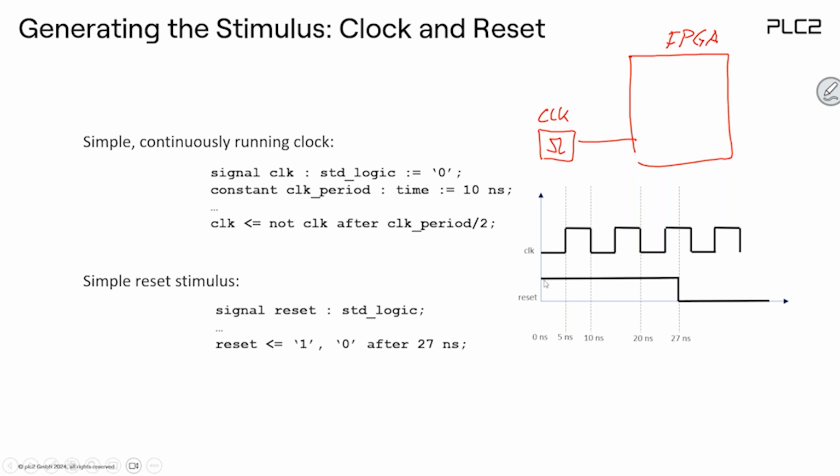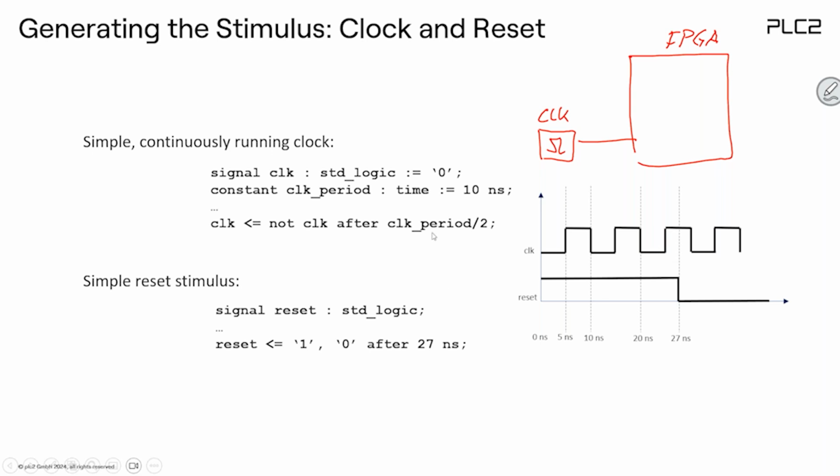And maybe in order to define the reset, well, in this case, you define the reset, standard logic, and in VHDL you can do it very simply. For example, this reset is 1, but it will be 0 after 27 nanoseconds. Usually, because we define the clock period here, we also use the clock period value here in order to avoid an unintended violation.